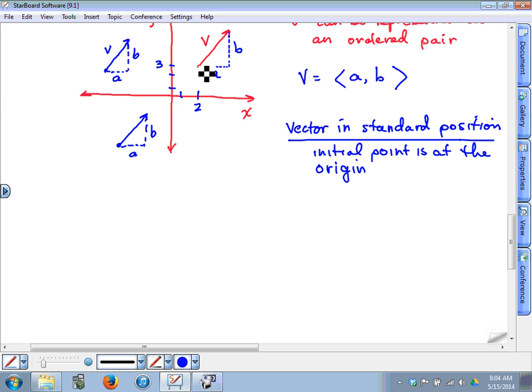Then that means the initial point of this is the point 2, 3. Let's say that the terminal point is, let's see, 1, 2, 3, 4, 5, 1, 2, 3, 4, 5, 6, 7. So the terminal point is the point 5, 7.